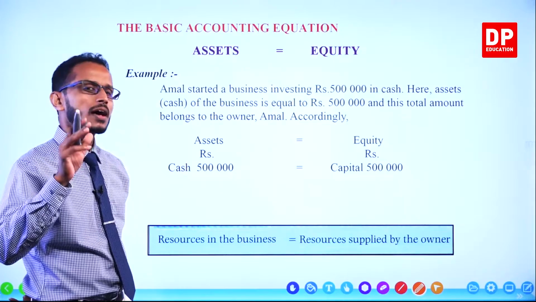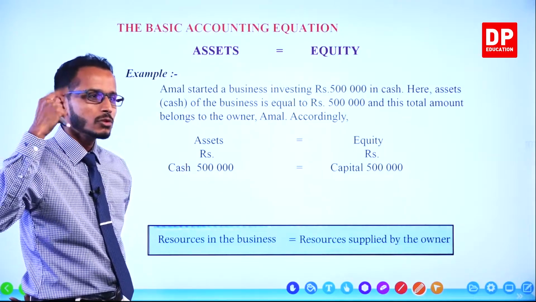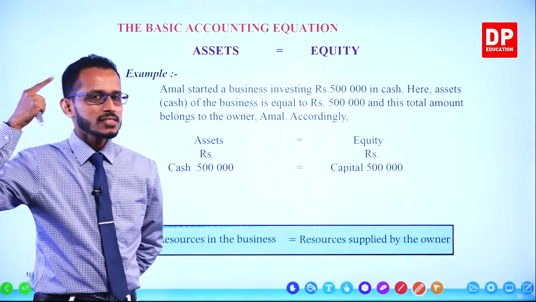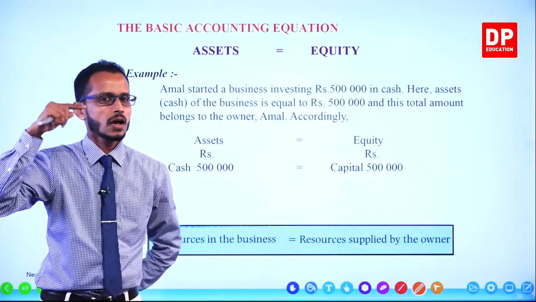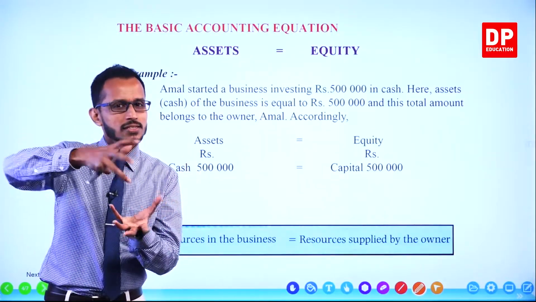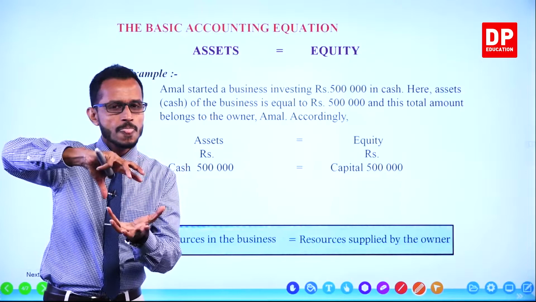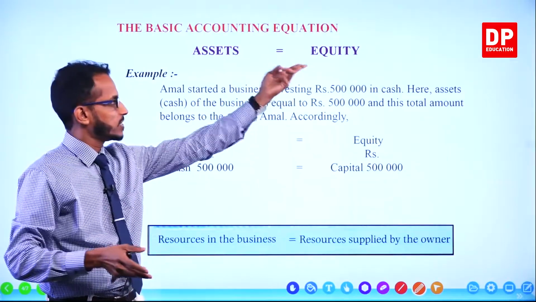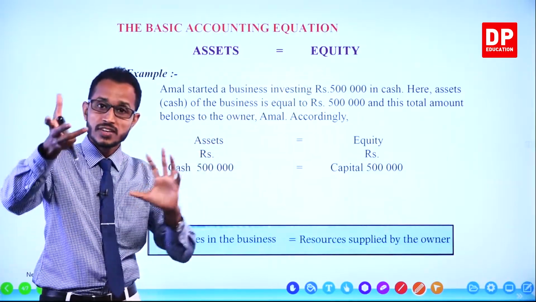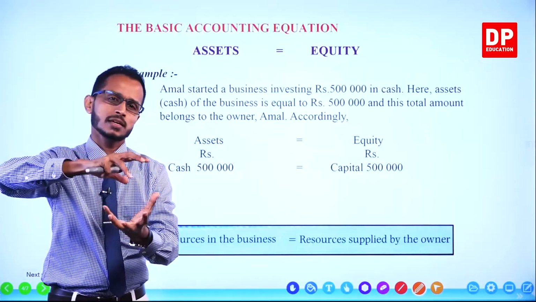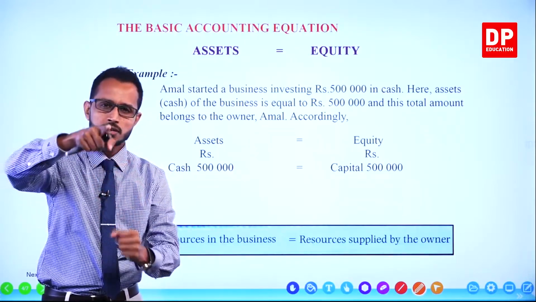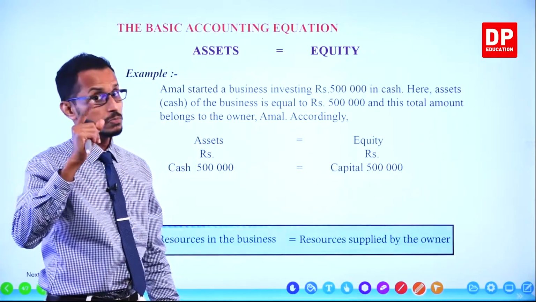Now in your heads, I know that you are getting those pictures: what assets are, how did we define assets, and what equity is, and how did we define equity.